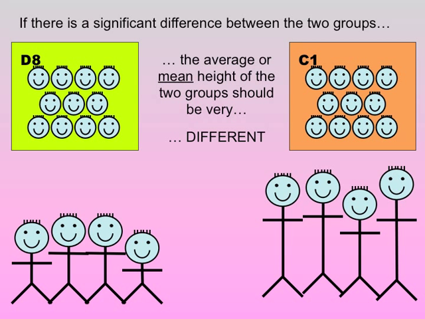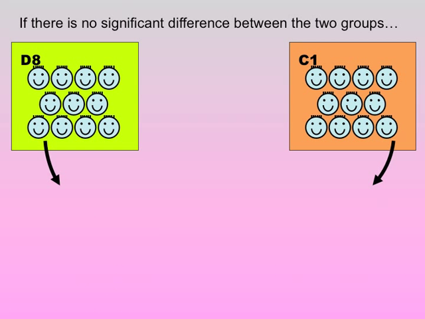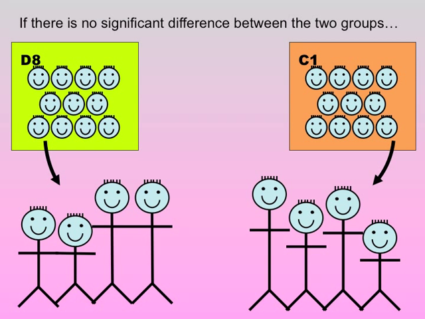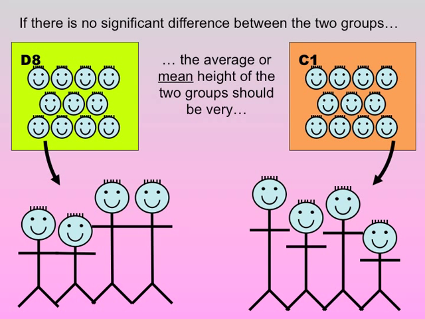Okay, because in general, all the students are different. However, if there is no significant difference between the two groups, class D8 and class C1, in this case, the average or mean height of the two groups should be very similar.